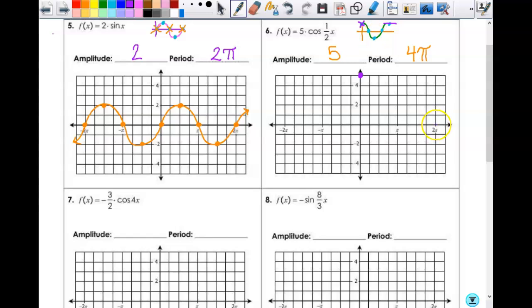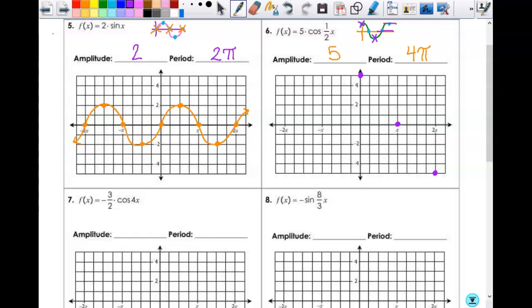So 2 pi is going to be my minimum, which is at what? Negative 5. Okay? And so I have the minimum done. This point halfway, it's off my graph too, so I can't do that one. But I can go halfway between 0 and 2 pi at pi, and what do I put there? A 0. So I can only get 3 of my 5 anchor points on the graph, which is fine.